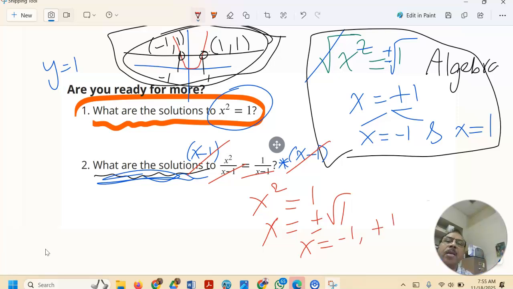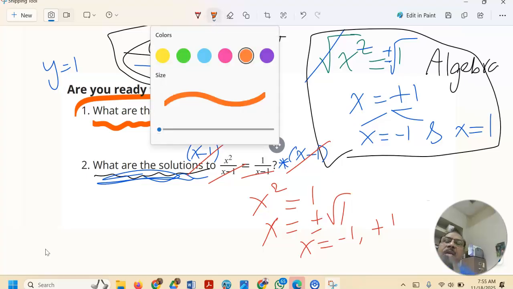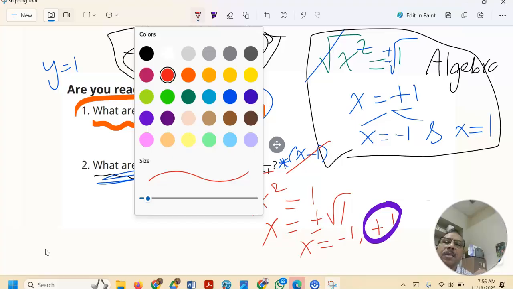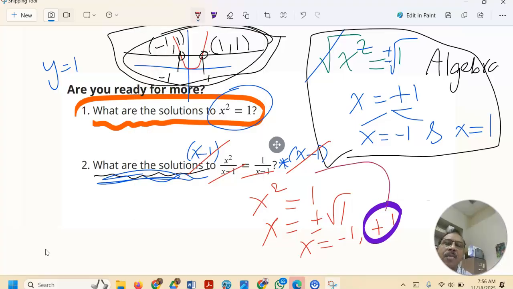Remember, the question is, can we take 1? And you can see if you take 1 and plug it in there, this 1 cannot be plugged in here, in the x. Because if you put 1, it will be 1 squared over 1 minus 1, which equals 1 over 1 minus 1.